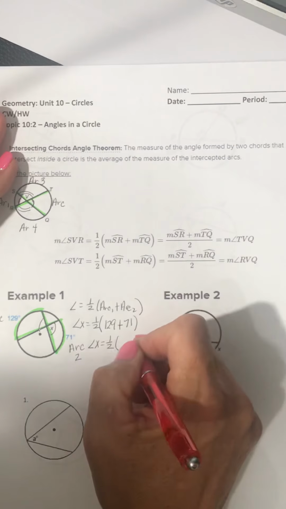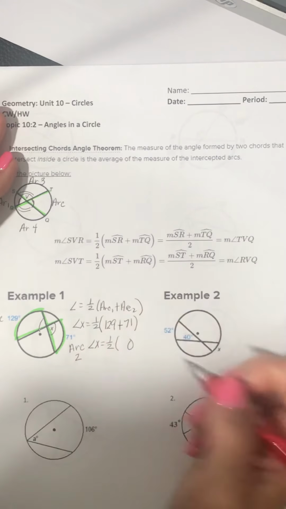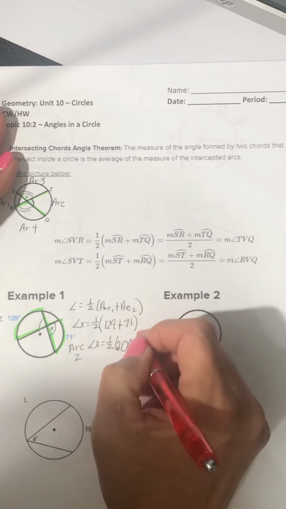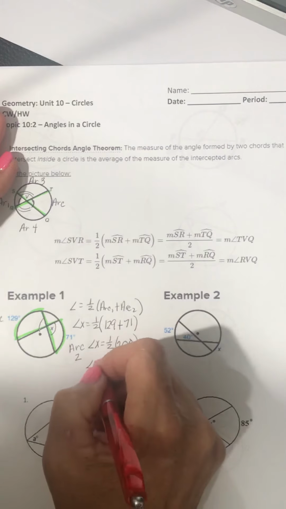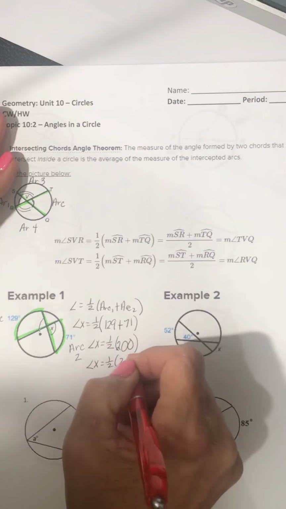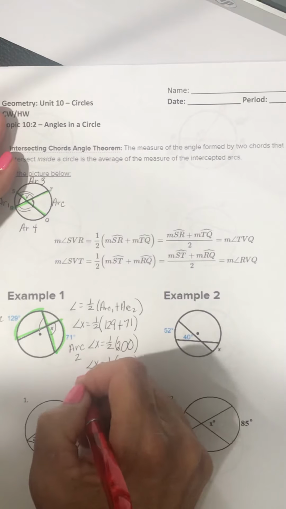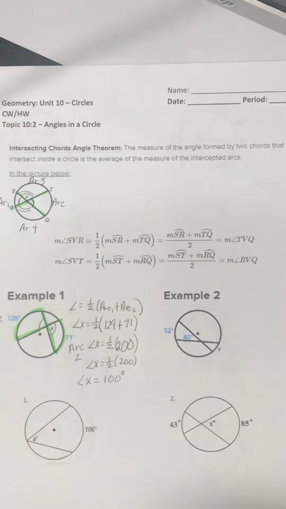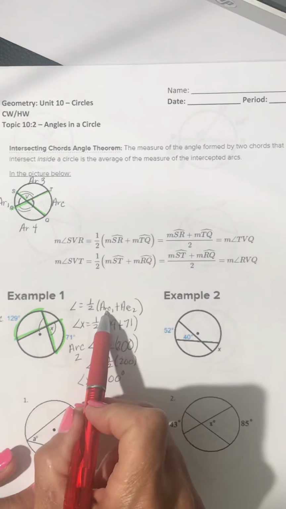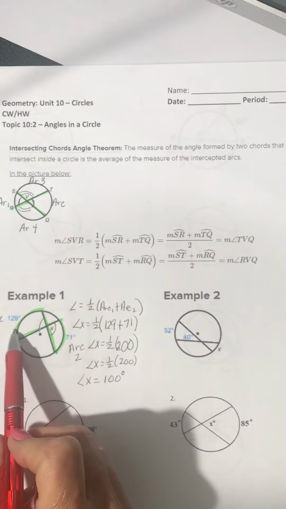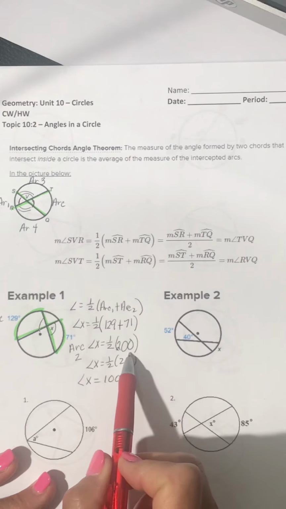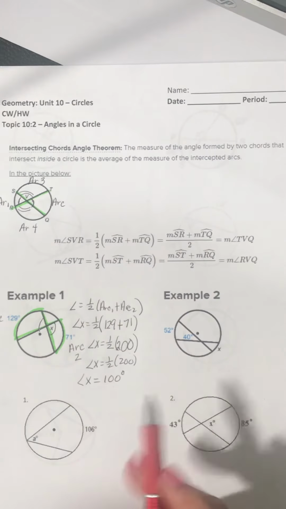Well, 1 and 9 is 10. 7, 8, 9, 10, and 200. 1/2 of 200. Angle x equals 100 degrees. Okay, 1/2 arc 1 plus arc 2: 129 plus 71. Adding them together, we have 200. Half of 200 equals 100.